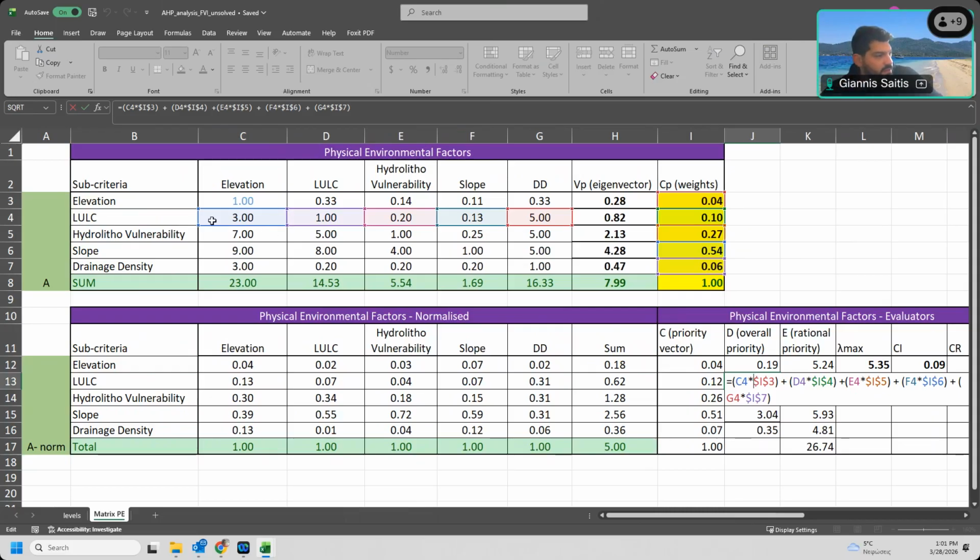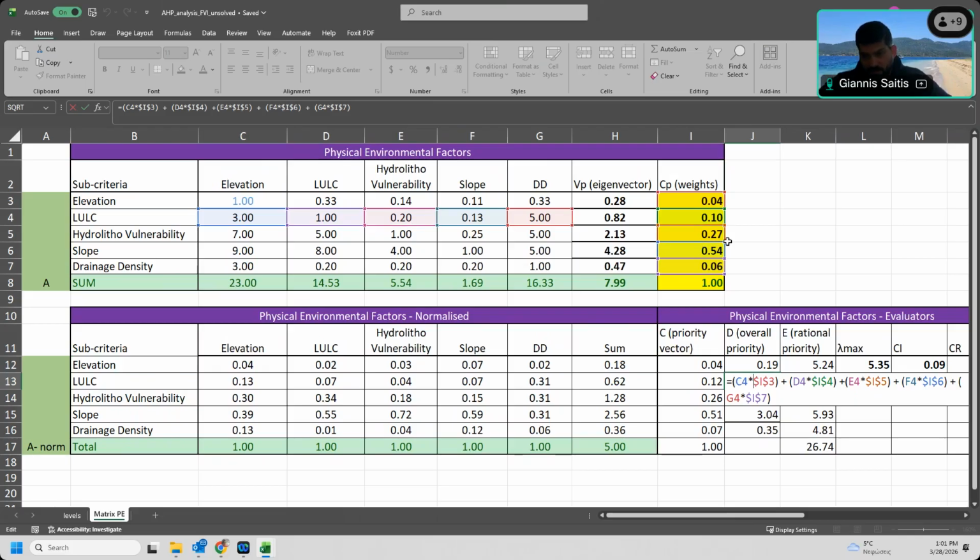So it's the land use land cover value times the weight of the elevation, plus the value of land use land cover times the weight of the land use land cover that it got at the end, the 0.10, plus the value of land use land cover times the weight of the hydrolithology that it got in the end.